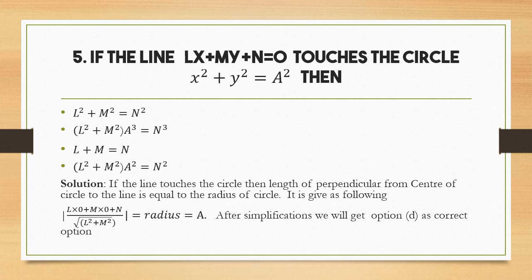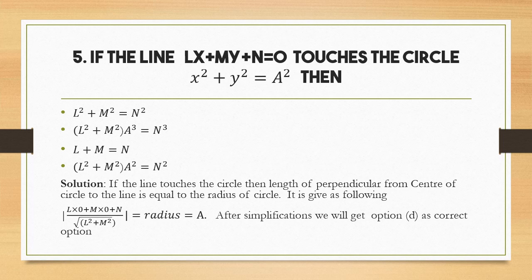See, if you picturize this in your mind, take a circle with its center, and there is one line which touches the circle. Then the length of the perpendicular from the center to that line is nothing but the radius of the circle.